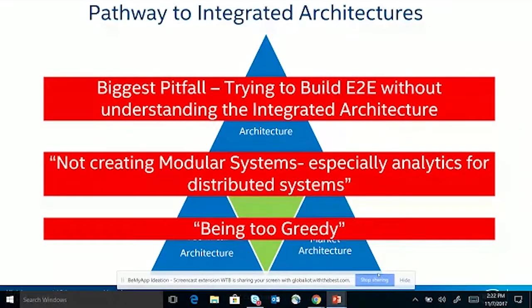So being creative about hedging your bets for modularity is a big opportunity, and it can also help drive a really good pathway forward. And the last challenge that I see is what I call being too greedy. I see sometimes where people develop this great end-to-end solution, but they are forgetting that not all parts of a solution are necessarily going to work in public sector because of how the different puzzle pieces of the contract are laid out.